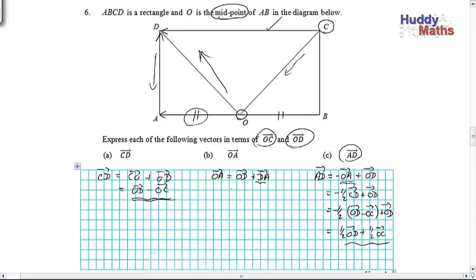Okay, and now of course we can come across to this one, OD, and then plus DA is the negative of this. Okay, DA is negative AD, so it's minus a half OD minus a half OC, taking away AD because we want DA. So what have we got now? We've got a half of OD, take a half of OC.